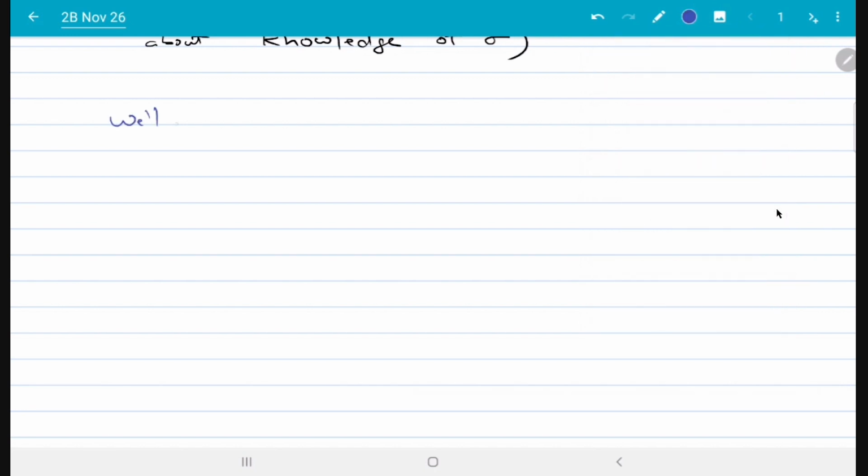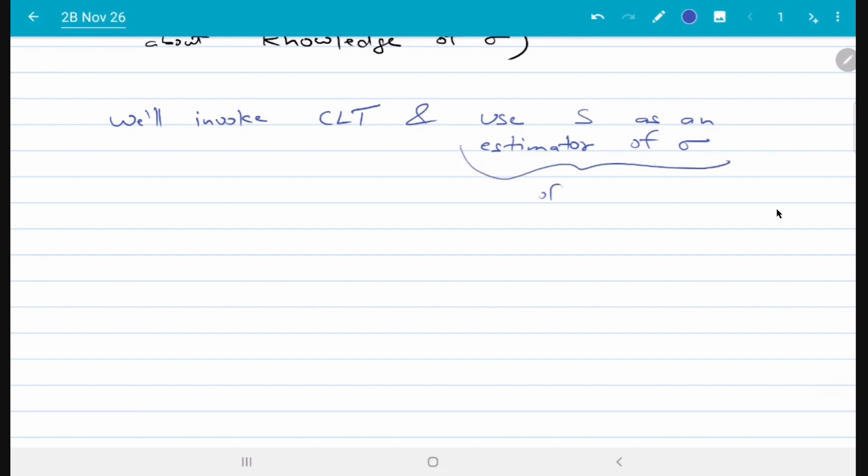So we'll invoke CLT, the central limit theorem, and use S as an estimator of sigma. Of course, this also adds to the variability.